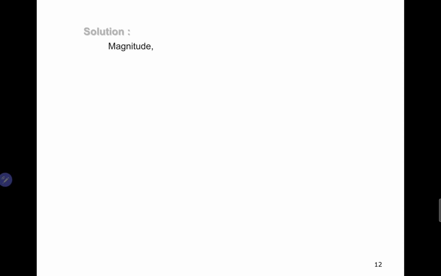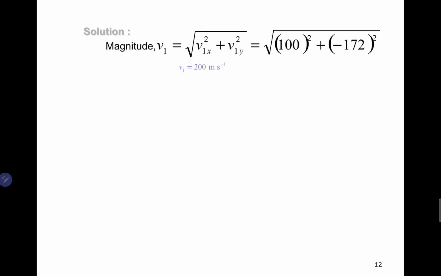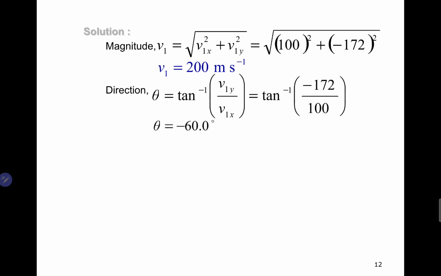Solving this further, find the magnitude. You end up with 200, which will be equivalent to your initial. The angle also, if you calculate, you will end up with the same angle, which will be 60.